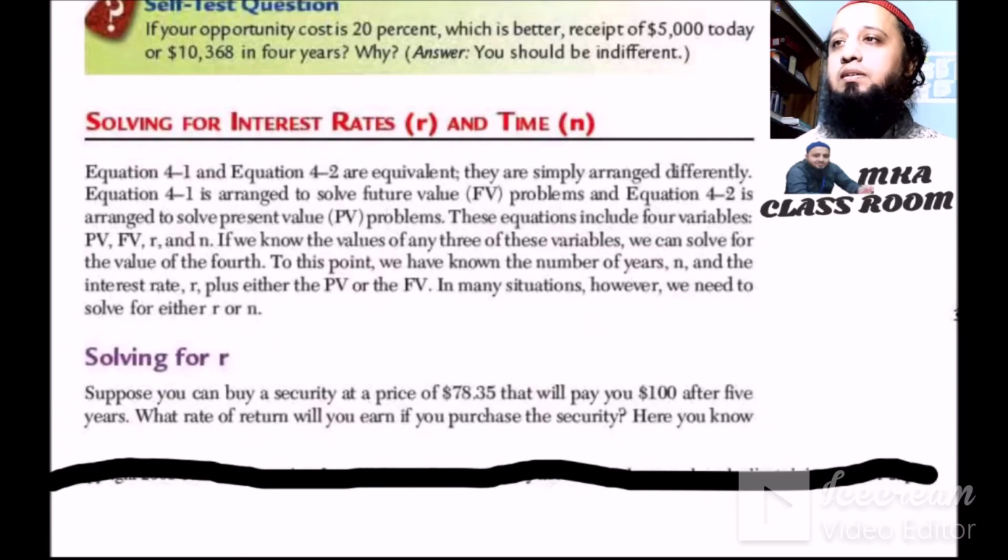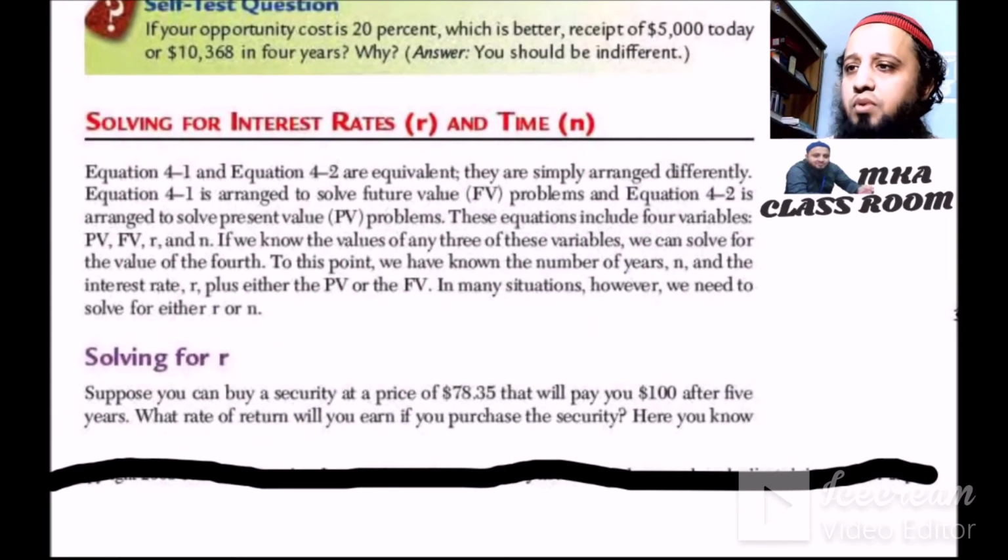Now we will see, suppose you can buy a security at a price of 78.35 taka, that will pay you 100 taka after 5 years. What rate of return will you earn if you purchase the security?